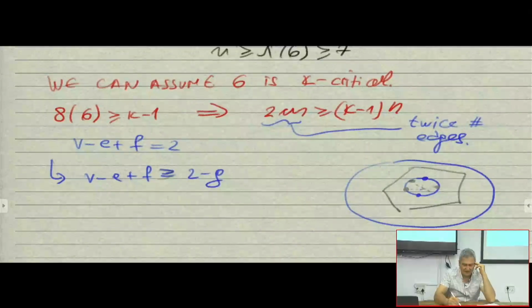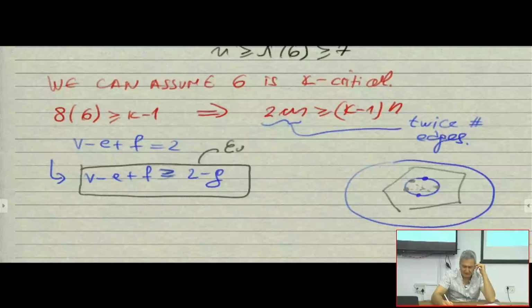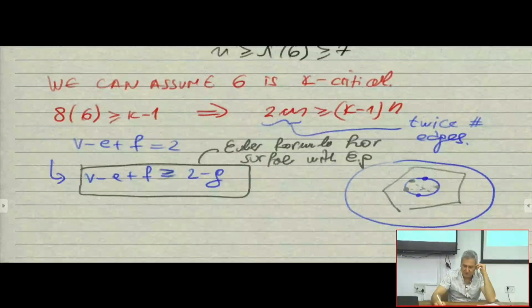Okay, so we have this Euler formula for a surface with Euler genus equal to g. So we have V minus E plus F is at least 2 minus g, yes?